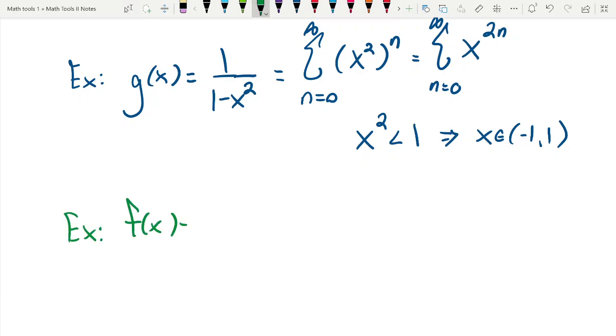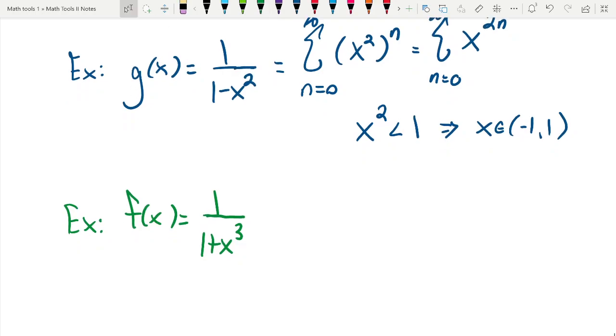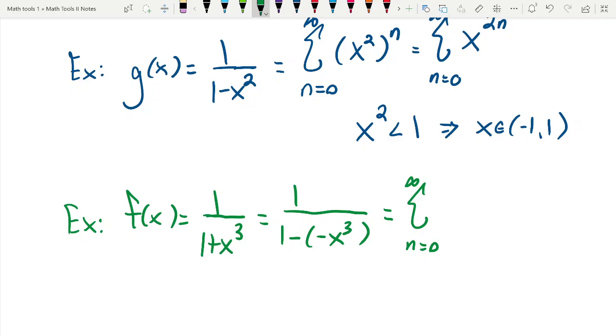What if we have the function 1 over 1 plus x cubed? Okay, so now we have a plus in there, and we also have x cubed. Well, we know this is 1 over 1 minus negative x cubed, right? So we kind of get it into that form that we're familiar with. And then we would be able to say that this is equal to the sum from n equals 0 to infinity of negative x cubed to the n.